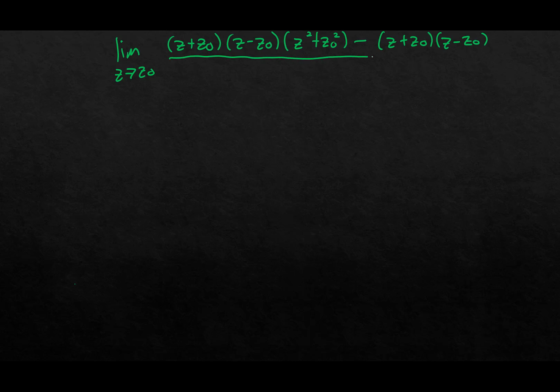Now, what was the reason why we did all of this factoring? Well, now we can cancel out the z minus z naught from both of our terms up in the numerator.